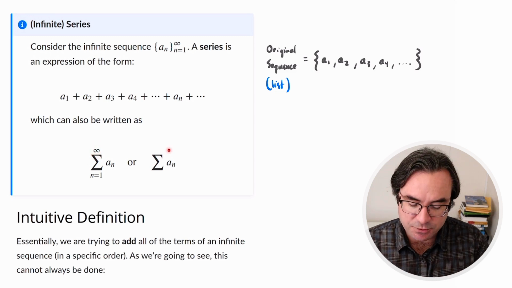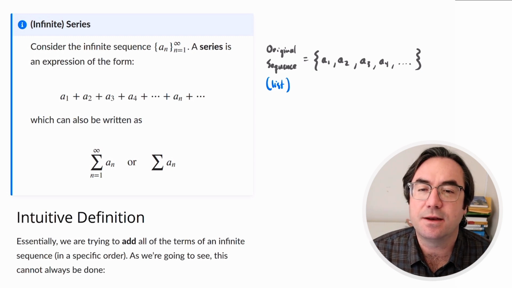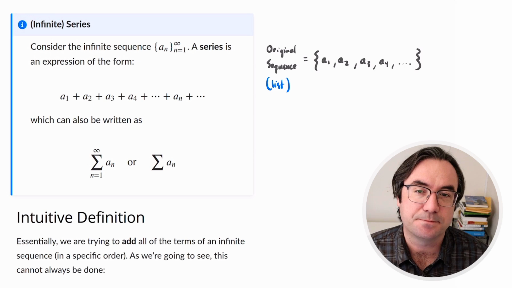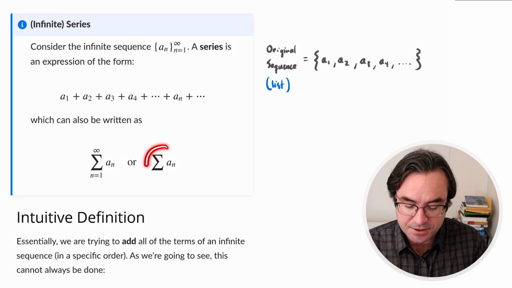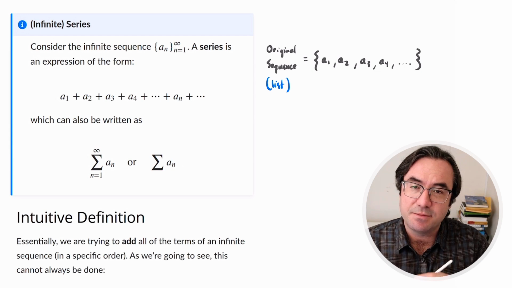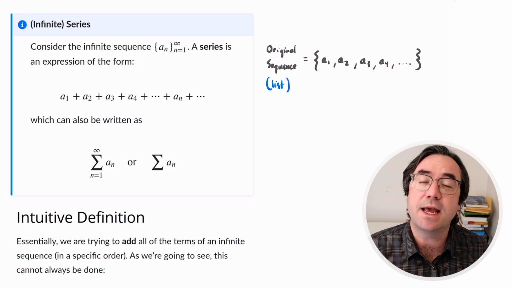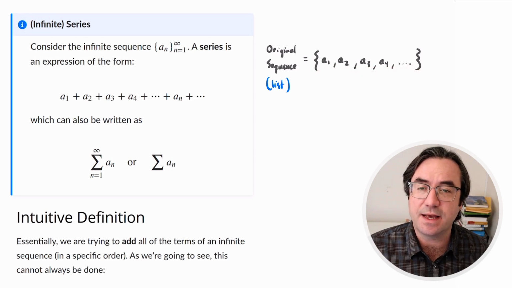Sometimes we shorten this up, if the starting index is understood, and just say sigma a_n. This is what we're going to be using to denote our series. Again, we're taking our infinite list and trying to add up all the terms in that list.